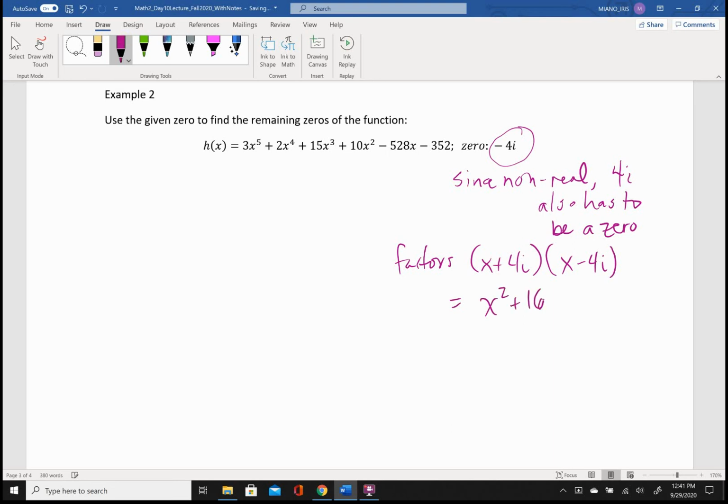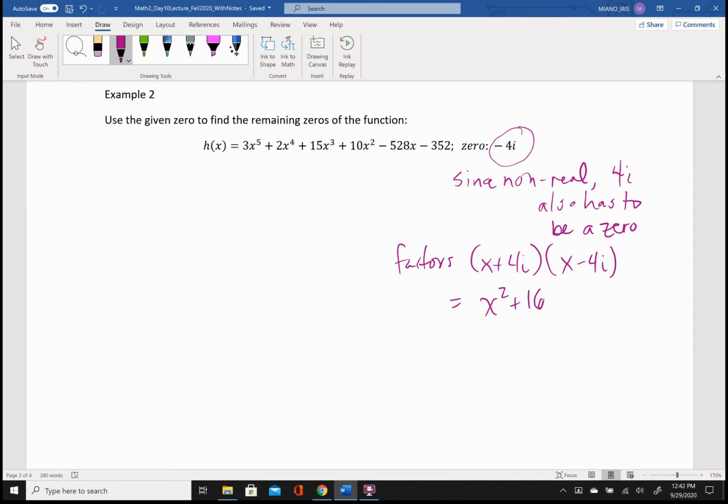Okay, so if we know that x squared plus 16 has to be itself a factor, then we can use some polynomial long division in order to see what the depressed function of h of x will look like.